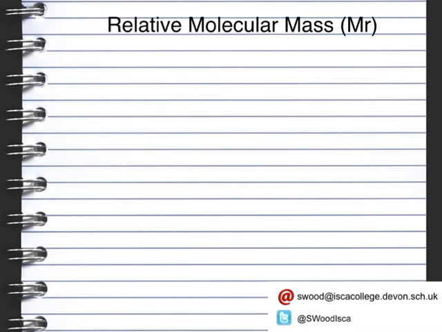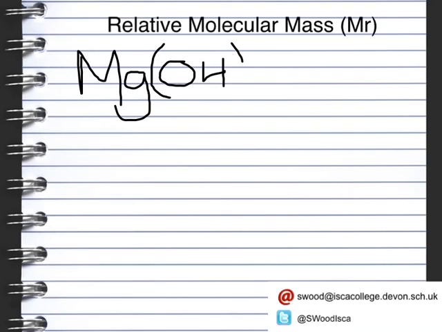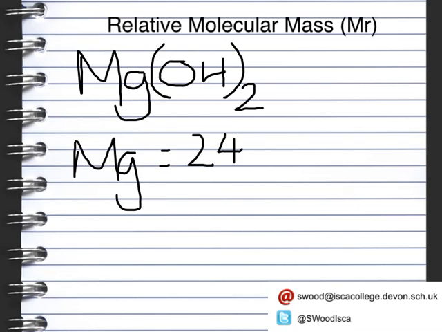Okay, we'll do one final one. The last one we'll do is magnesium hydroxide. Now magnesium hydroxide has the formula Mg(OH)2. Now this means that we've got OHs, we've got 2 of them. So Mg, as we've just seen, is equal to 24.